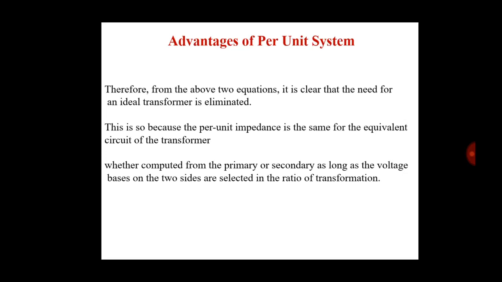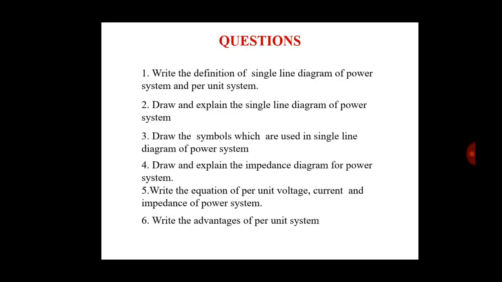This is because the per unit impedance is the same for the equivalent circuit of the transformer whether computed from the primary or secondary, as long as the voltage bases on the two sides are selected in the ratio of transformation. This is the advantage of the per unit system.